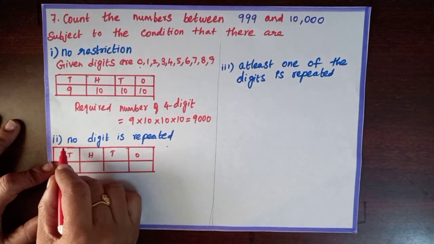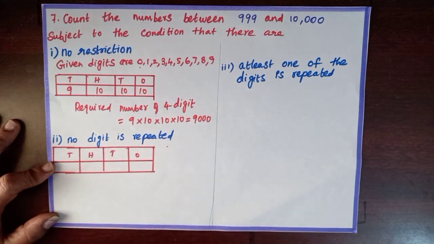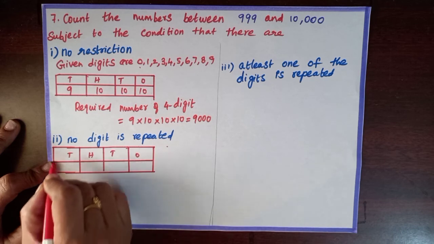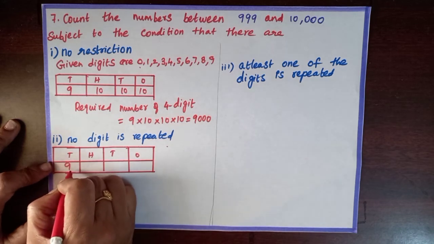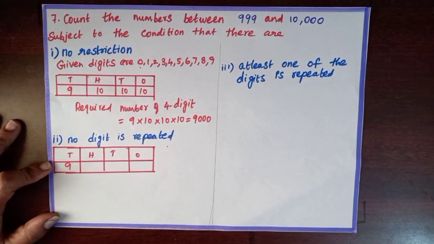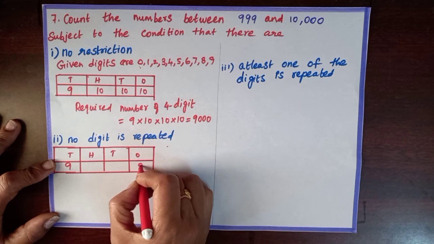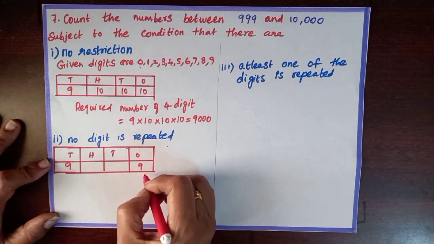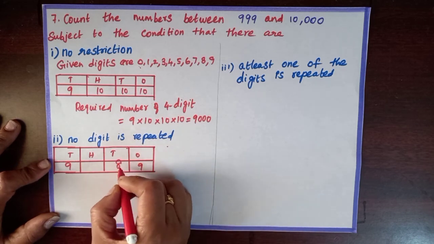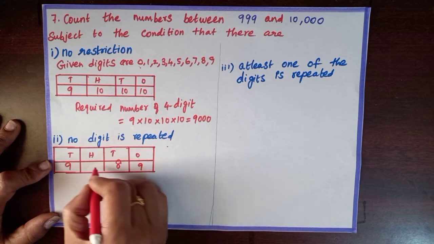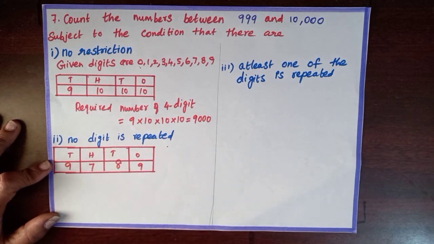Second subdivision, no digit is repeated. The thousands place can be filled in 9 ways, excluding 0. Since repetition is not allowed, the unit place can be filled in 9 ways, the tens place can be filled in 8 ways, and the hundreds place can be filled in 7 ways. Okay.